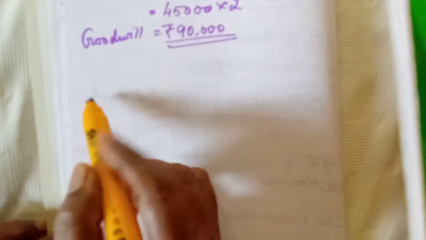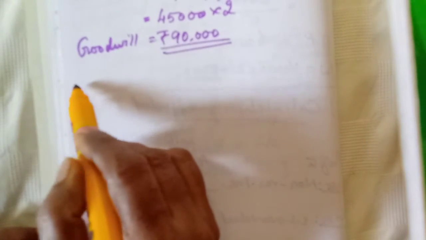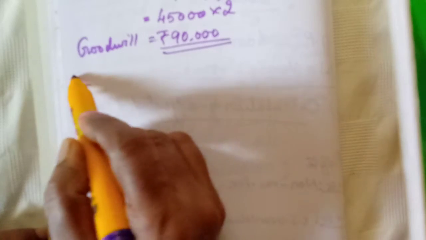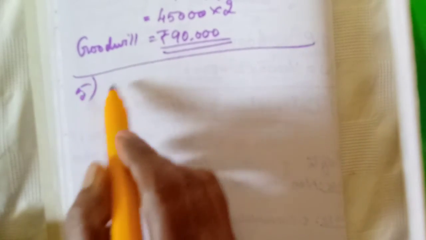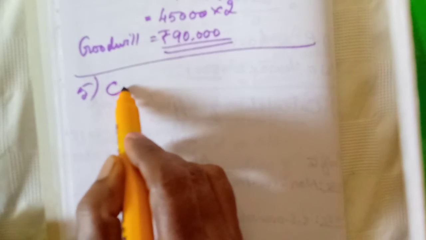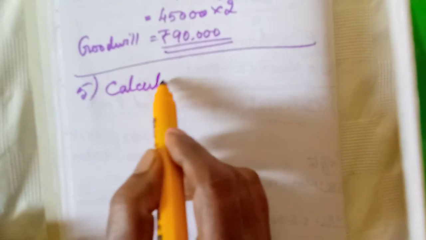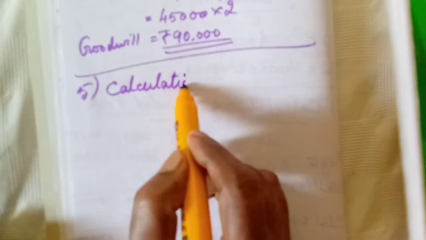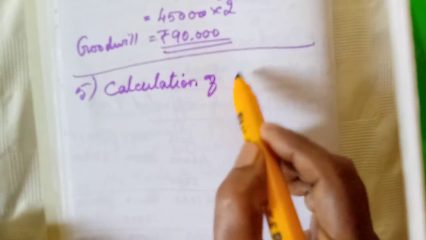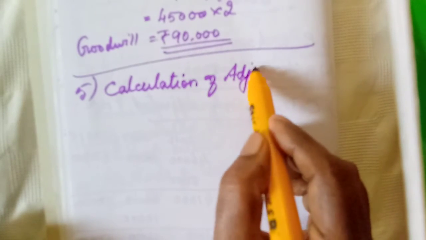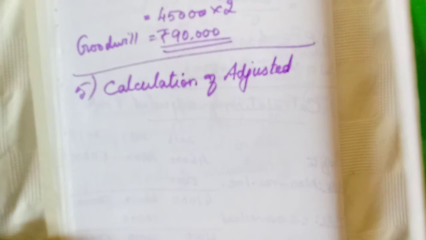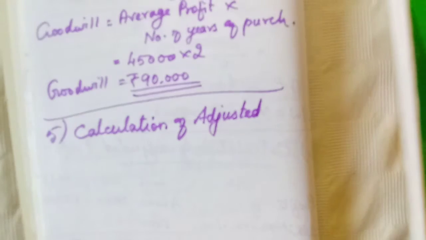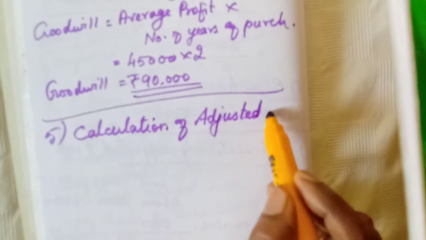First, write the number 5. Then calculation of adjusted profit.